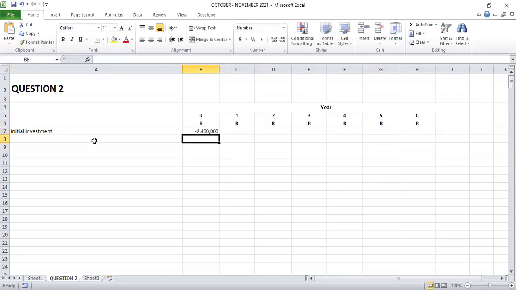Then we'll look at the inflows and outflows that are expected from the investment during the periods.